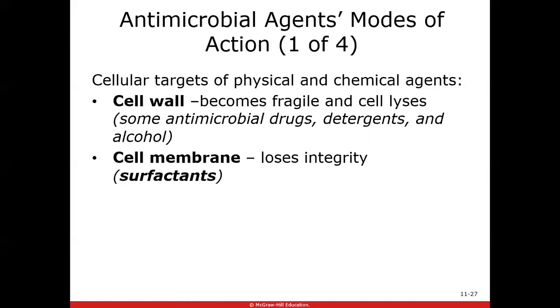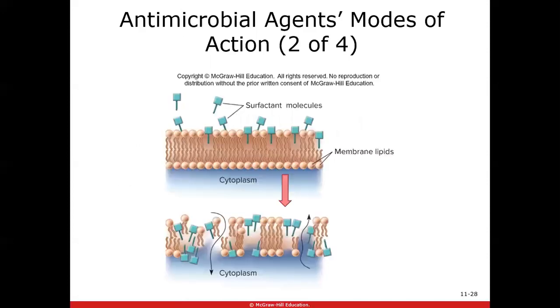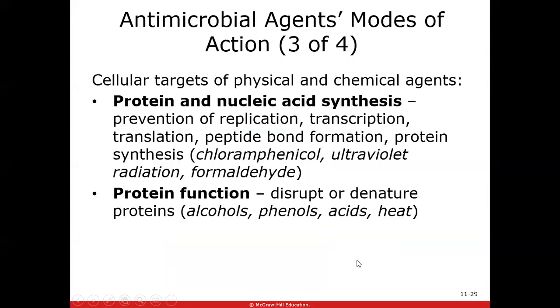If it loses integrity, then it will not be able to maintain its internal environment. Here, the antimicrobial goes down into the cell membrane and causes it to start breaking apart. Once it starts breaking apart, the cytoplasm will start leaking out, and other things from outside will leak into the microorganism.